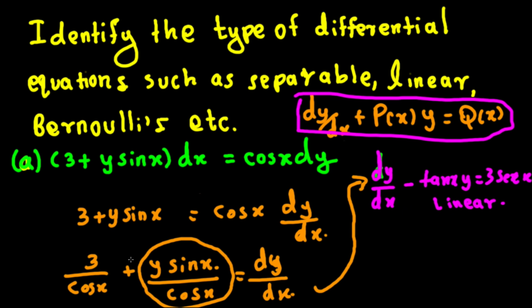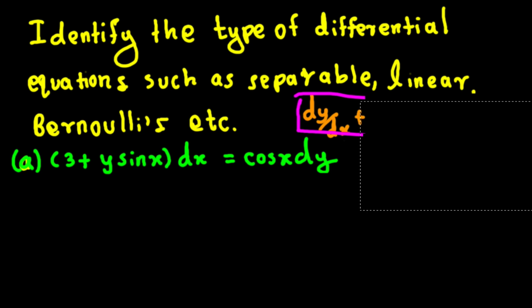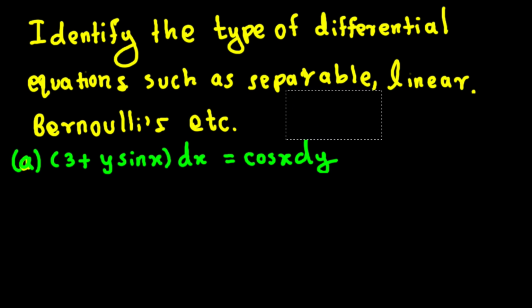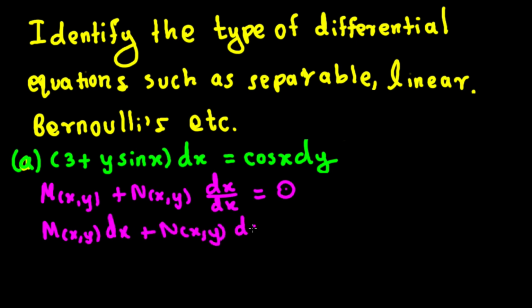Now to prove this one exact, let's get rid of this thing. To prove this one exact, you have to know the exact pattern. Exact differential equations usually come in two patterns. One of them is M(x,y) plus N(x,y) dx/dy equal to 0, or you will have something like M(x,y) dx plus N(x,y) dy equal to 0.